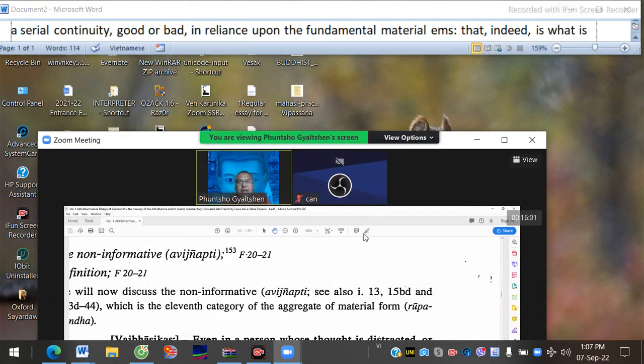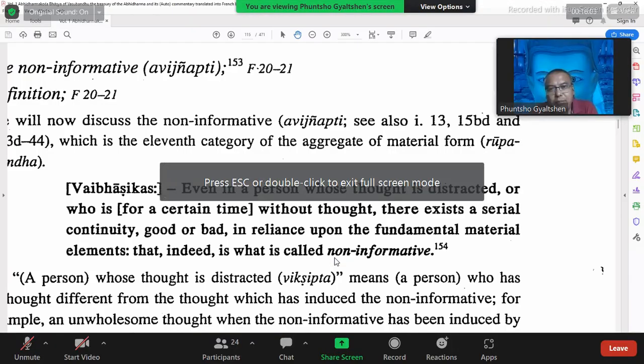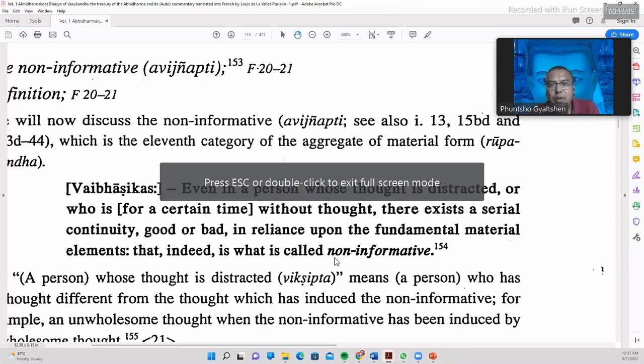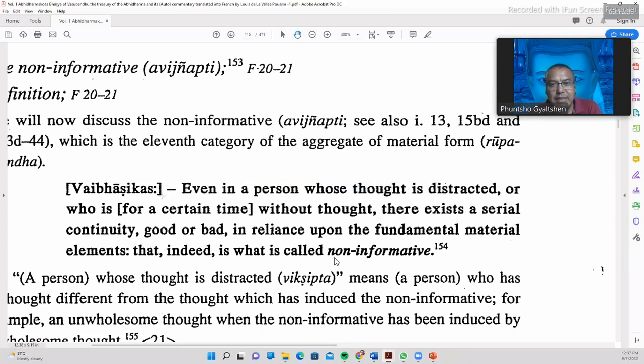The teachings say, as long as you have received the vows, they will keep blessing you with merits and virtues.